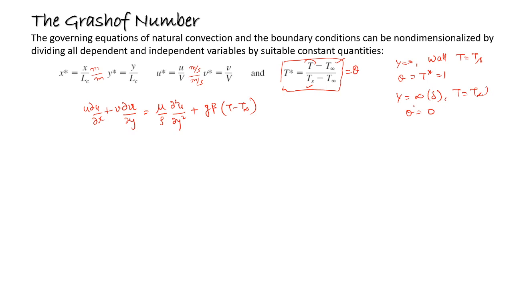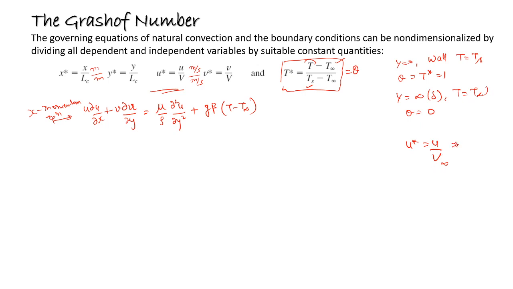Now we are non-dimensionalizing the x momentum equation. This is nothing but the x momentum equation, right? So from these non-dimensionalized terms, we have u star equal to u by free stream velocity, and in some books you may find it as V infinity, like this is free stream velocity.